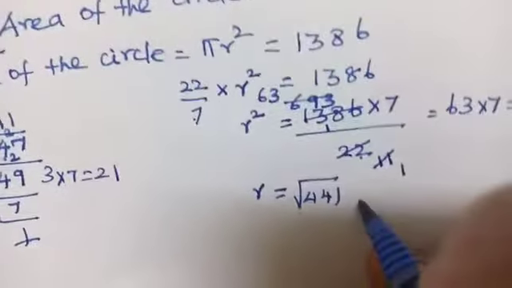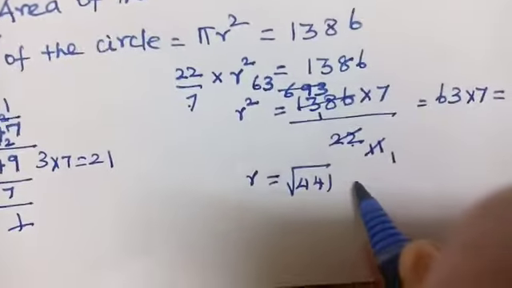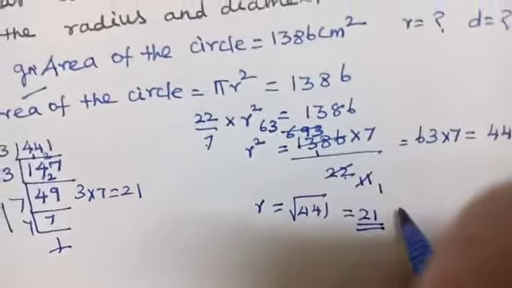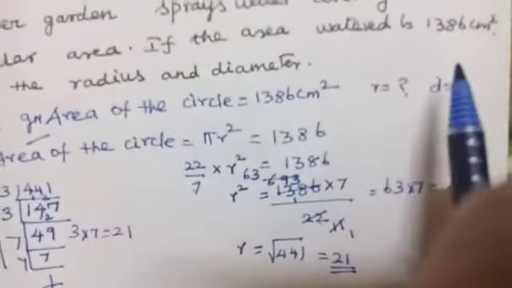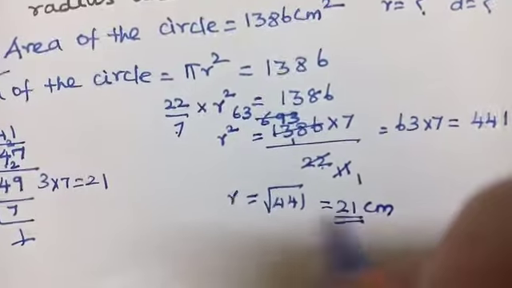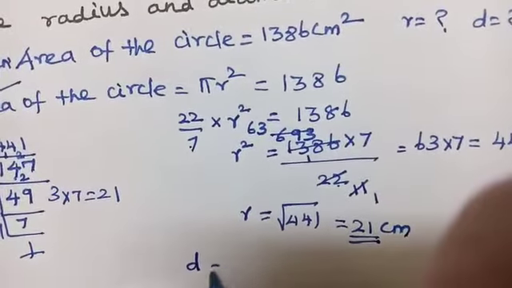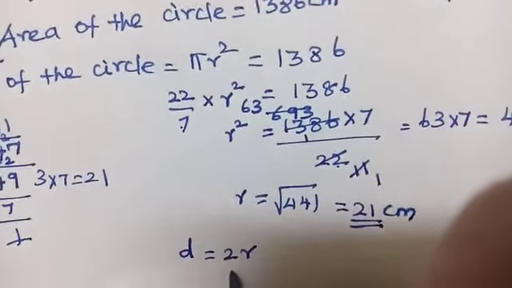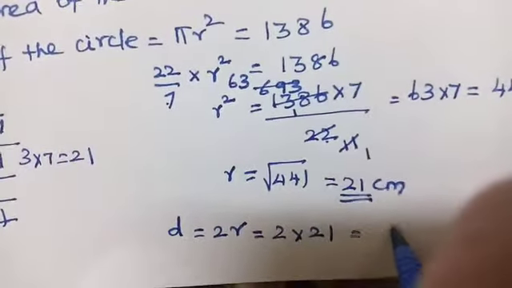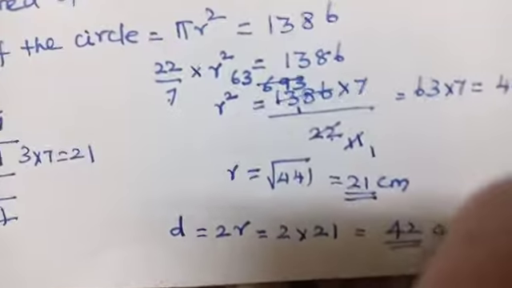So r is the square root of 441, which is 21. The area is in centimeter square, so r is 21 centimeter. Next we find d: d is equal to 2 into r, so 2 into 21 is 42 centimeter.